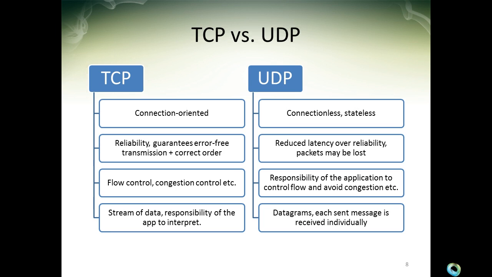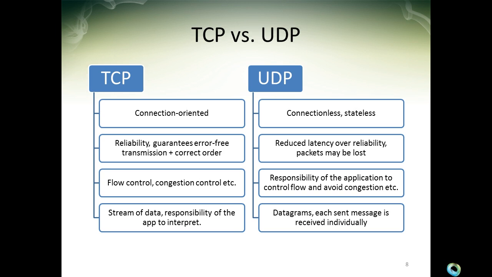Let me give you an example. If you have two messages you want to send to a remote server using TCP, then these two sending operations not necessarily mean that on the receiving side there will be two receiving operations.